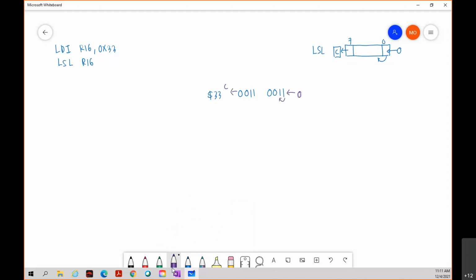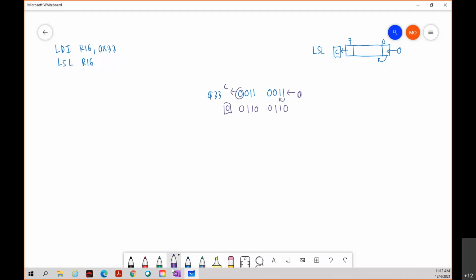So what happened here is you just put the 0 into your bit 0, and then 1 will be shifted to the left. This one also will be shifted to the second bit, and the rest will be shifted to the left by 1 bit. Okay, so what about this 0 here? This 0 here will go to the carry flag.